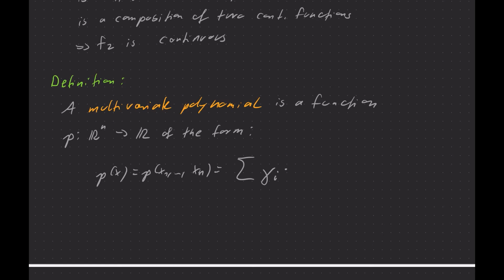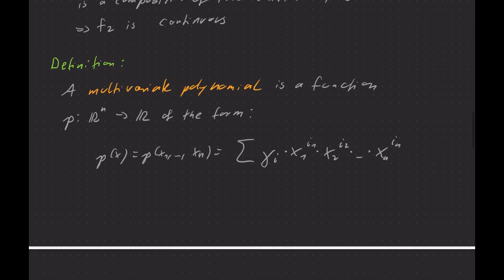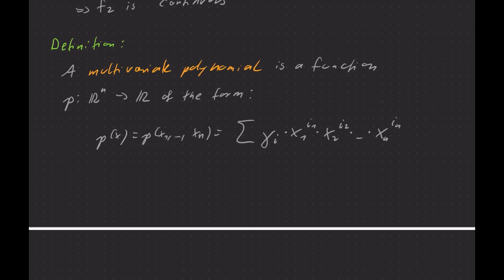What we have here is x1 to some I1 times x2 to some I2 and so on up to xn to some In. So all the possible x variables show up. Each of those is taken to a certain power and they are multiplied. And then all of these expressions are summed up. So pretty similar to a one-dimensional polynomial.